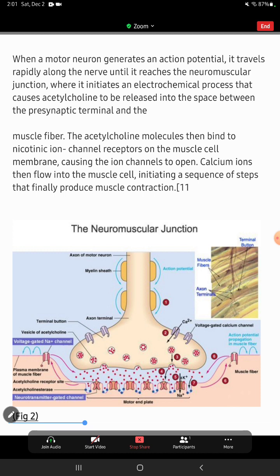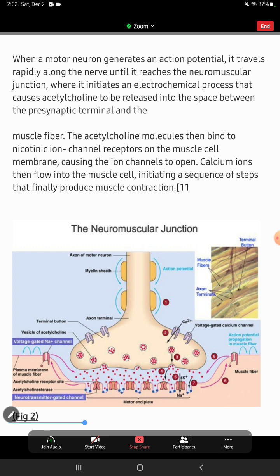When the motor neuron generates an action potential, it travels rapidly along the nerve until it reaches the neuromuscular junction, where it initiates an electrochemical process that causes acetylcholine to be released into the space between the presynaptic terminal and the muscle fiber. The acetylcholine molecules then bind to nicotinic ion channel receptors on the muscle cell's membrane, causing the ion channel to open.